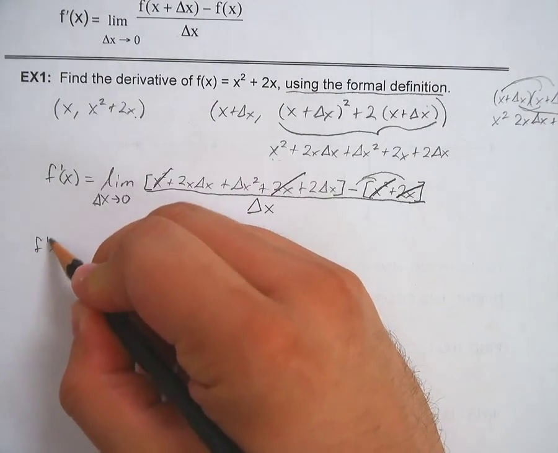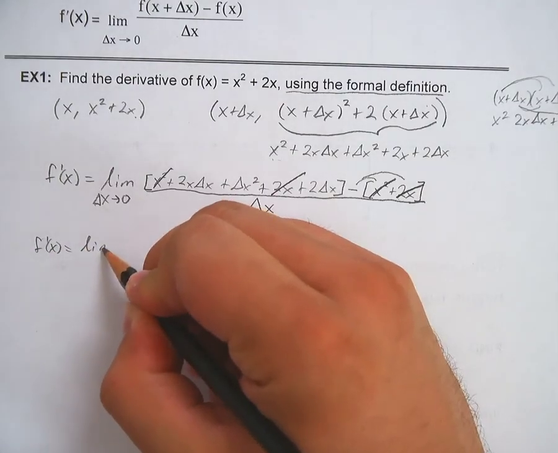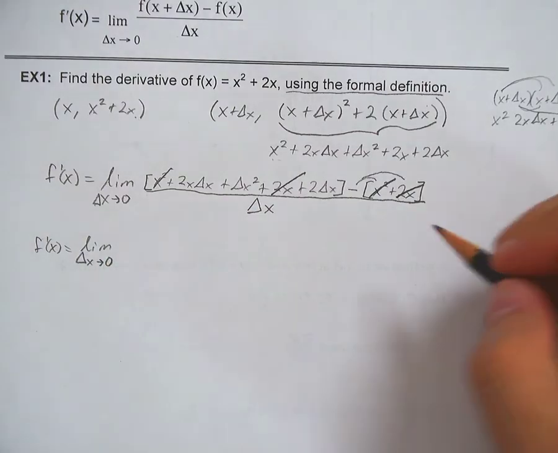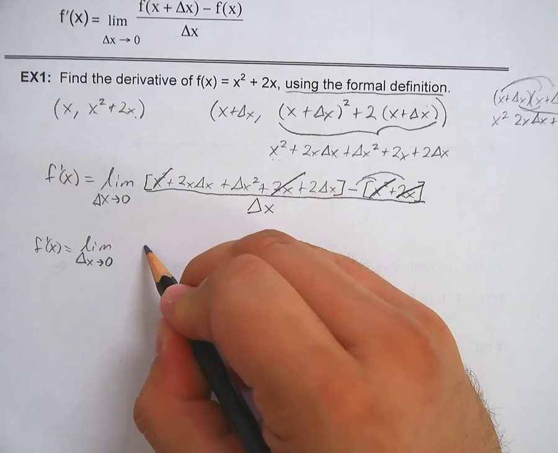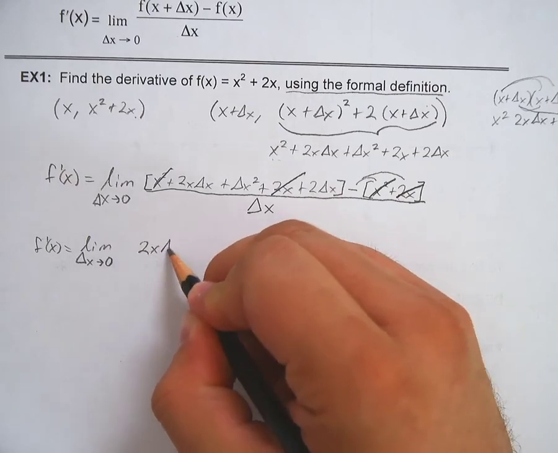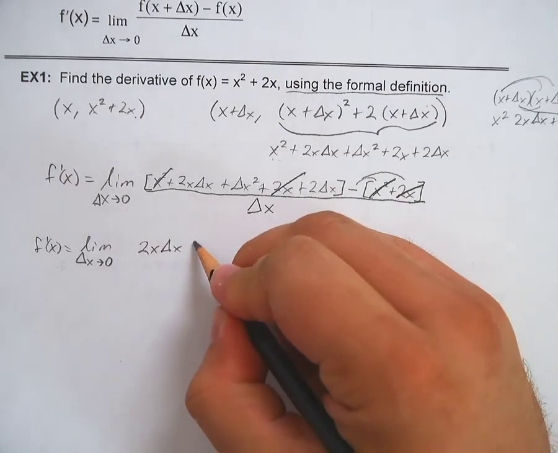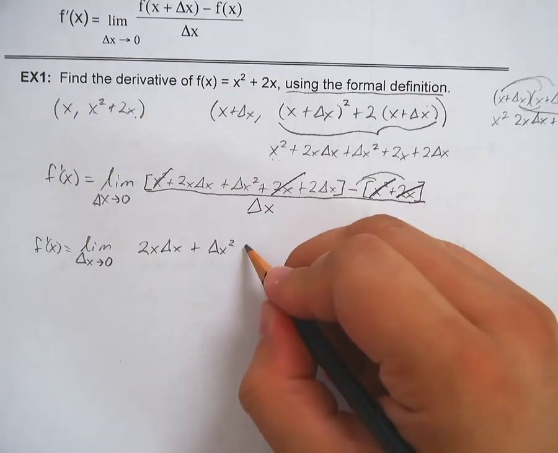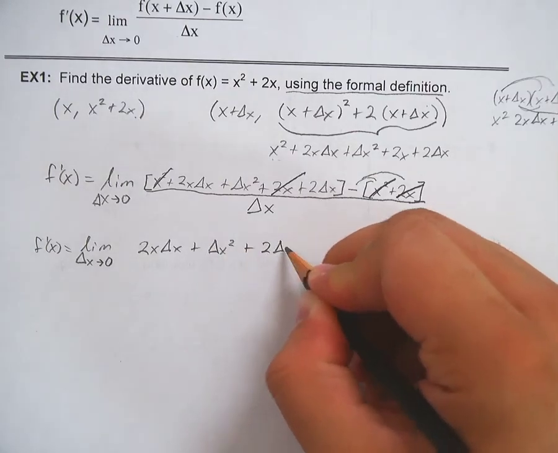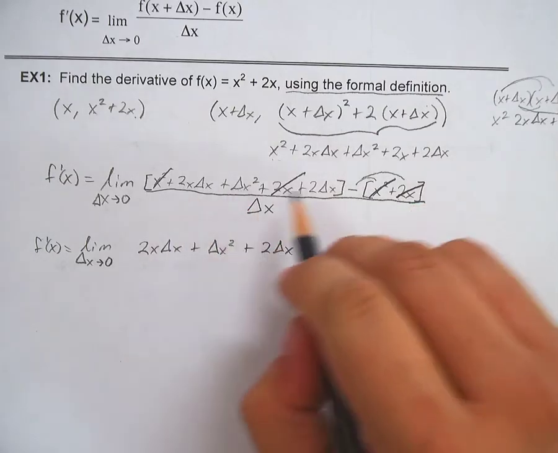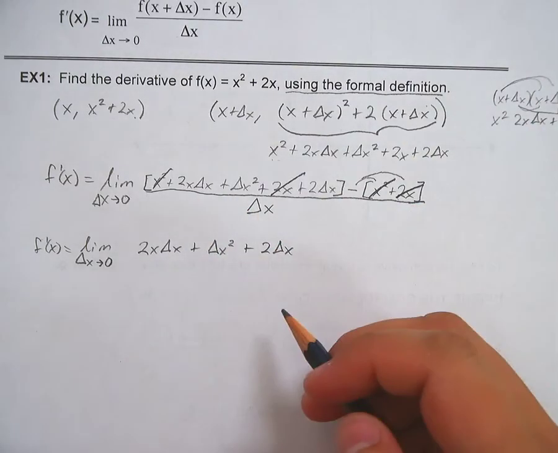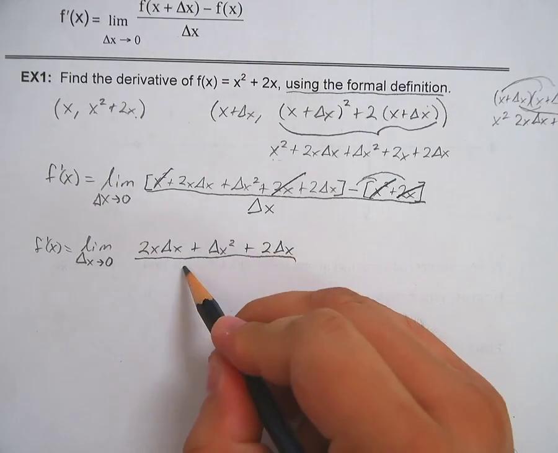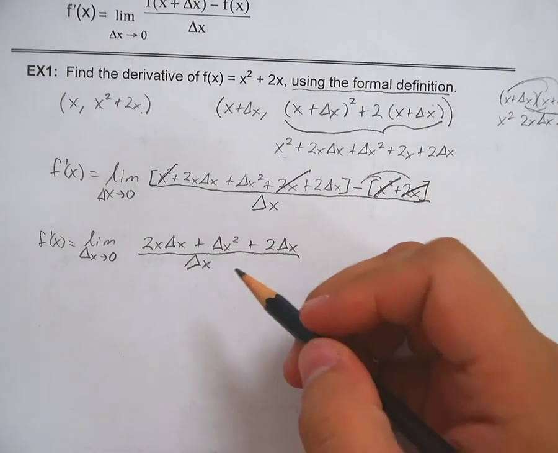F prime of x is the limit as delta x approaches 0 of 2x delta x plus delta x squared plus 2 delta x. Just bring down those three terms you're left with, all over delta x.